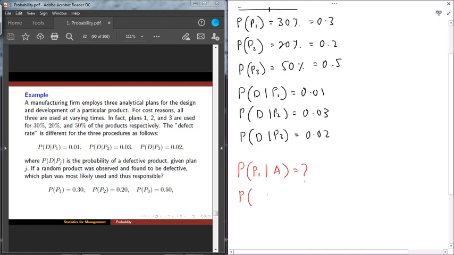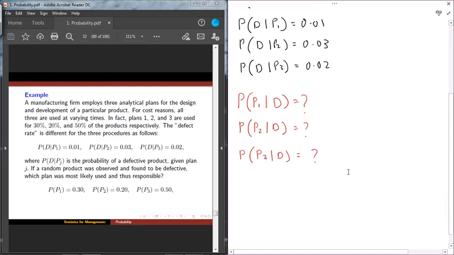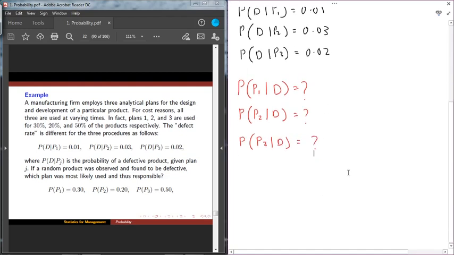If a product is defective, what is the probability that it is done by P2? If a product is defective, what is the probability it is done by P3? Okay, let us do number 1.